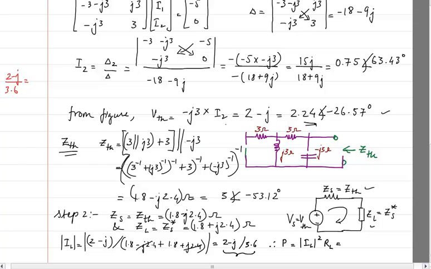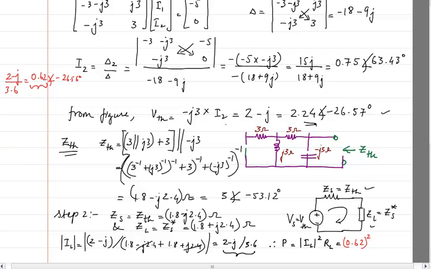You will get the polar form as 0.62 with an angle of minus 26.56 degrees, out of which we take only the magnitude part. So here I will get 0.62 the whole square, multiplied with RL.